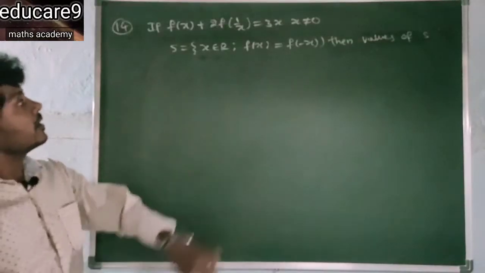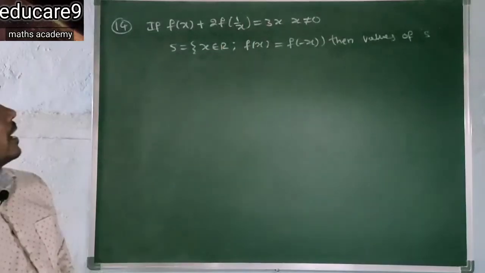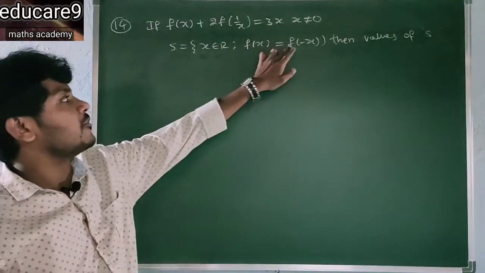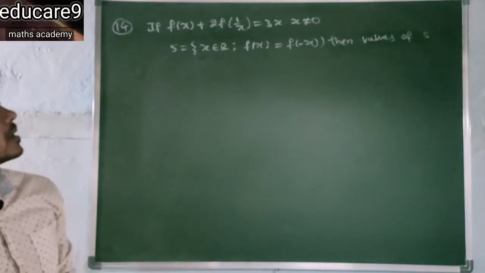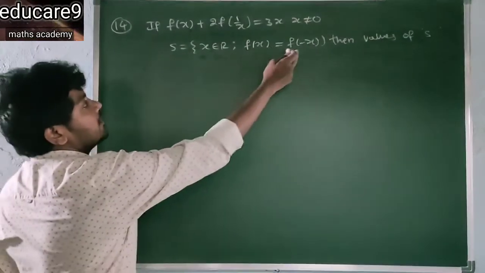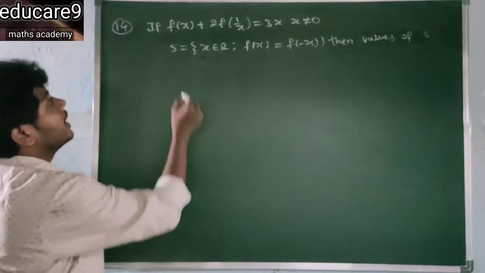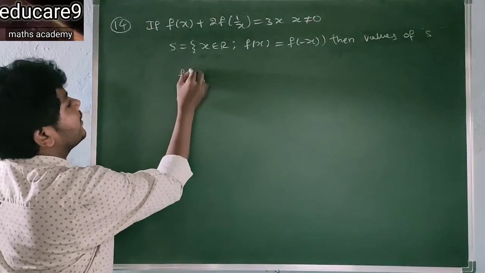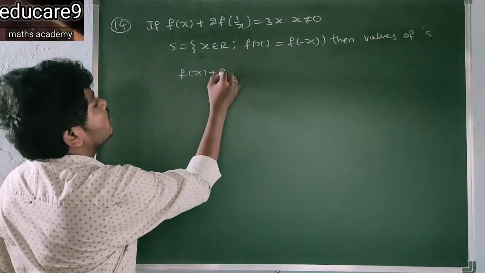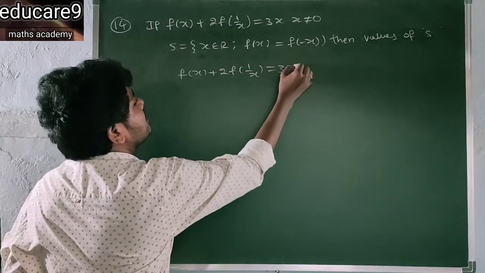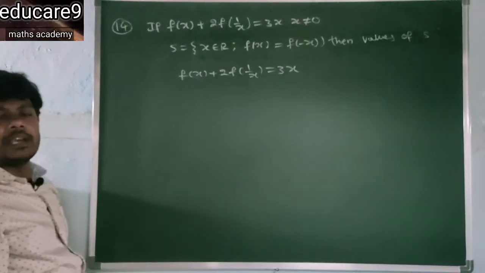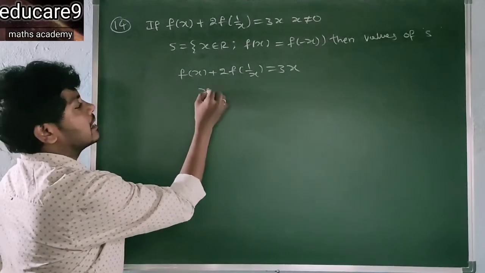See here, f of x plus 2 into f of 1 by x is 3x. And f of x equals f of minus x, then find the value of x. See here, this is an even function, and f of x plus 2 f of 1 by x is, given, 3x. Now replace x by 1 by x.